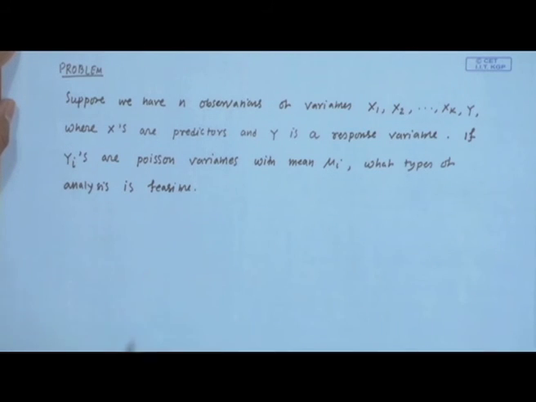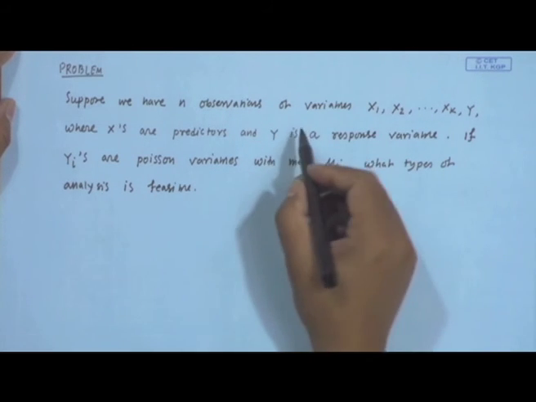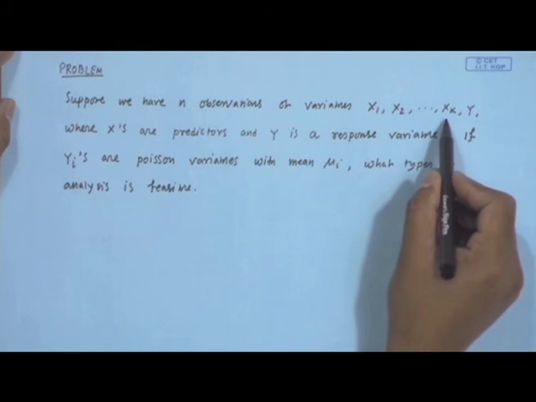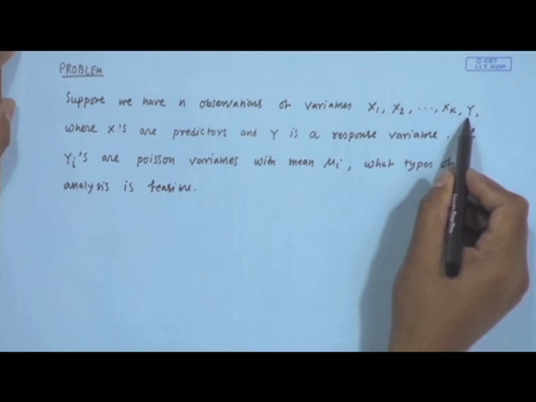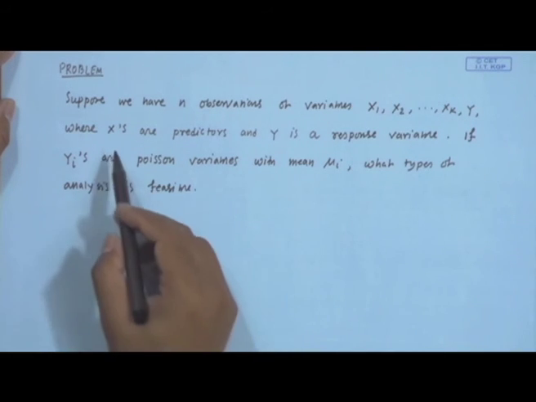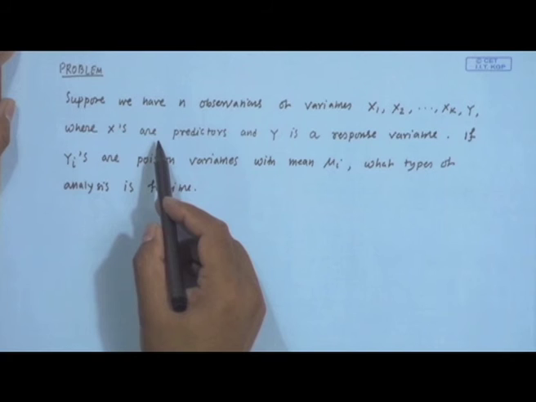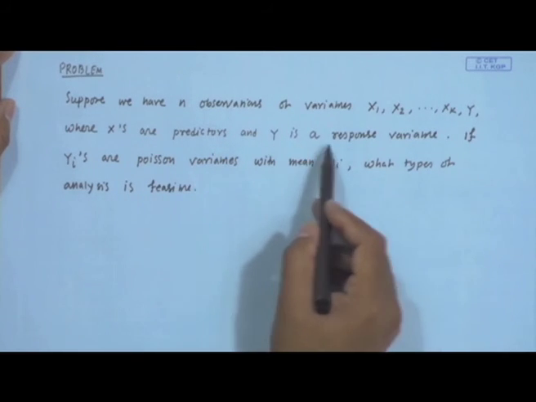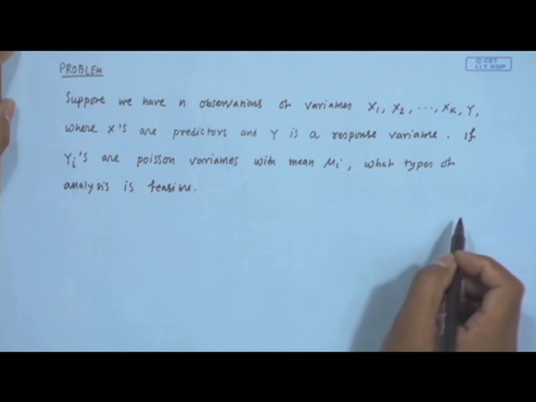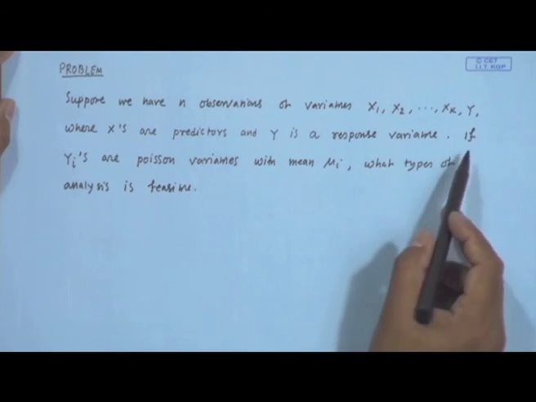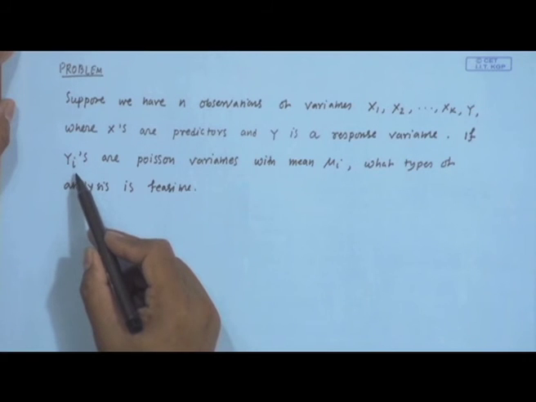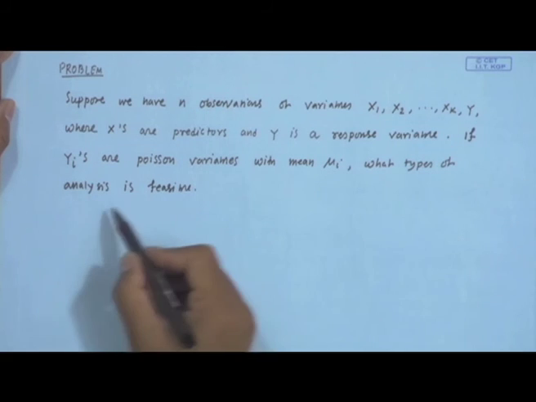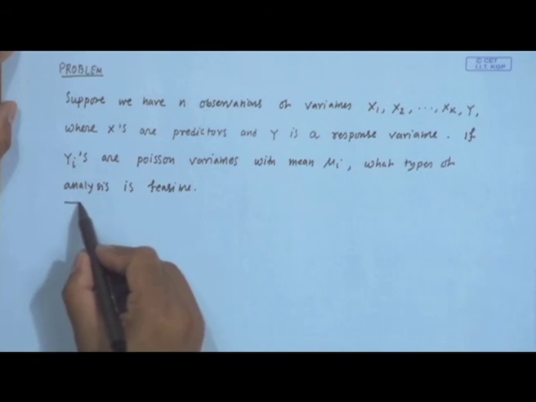Well, this problem says that suppose we have n observations of variables x 1, x 2, ..., x k, y, where x are regressor variables and y is a response variable. And the question is, if yi's are Poisson variables with mean mu i, what type of analysis is feasible?